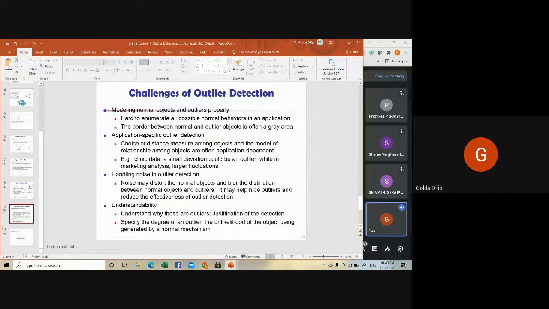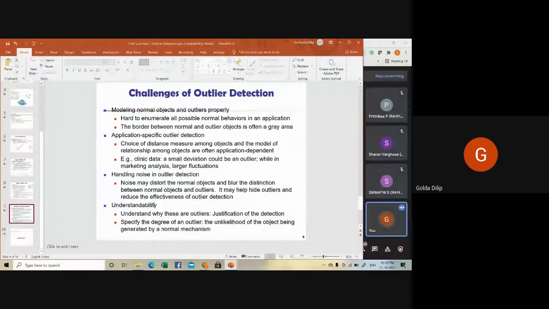To meet the understandability requirement, your outlier detection method should provide some justification for the particular detection being done. Specify the degree of an outlier, the unlikelihood of the object being generated by a normal mechanism. Understand why this is an outlier and provide a justification for it.